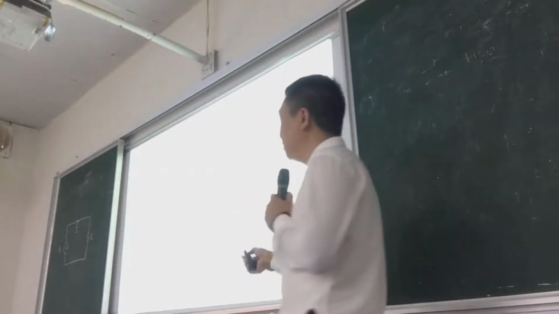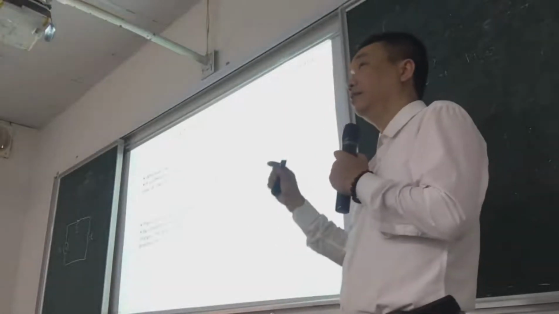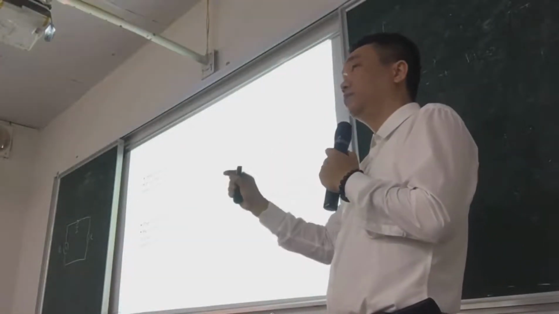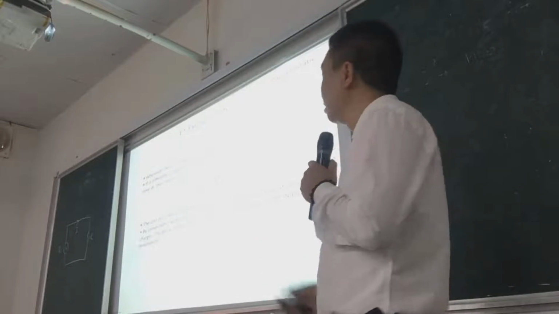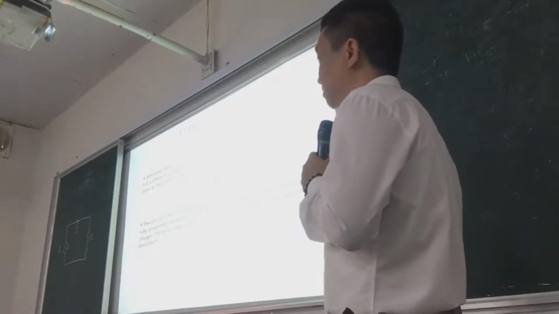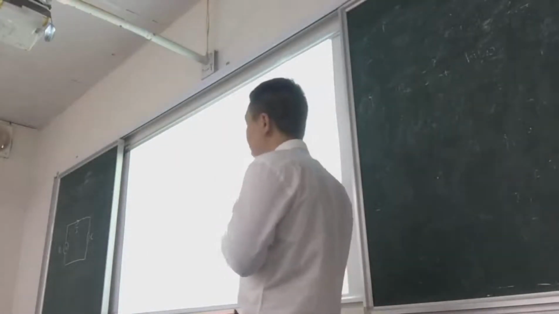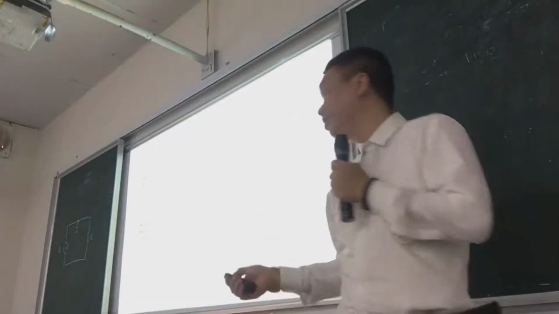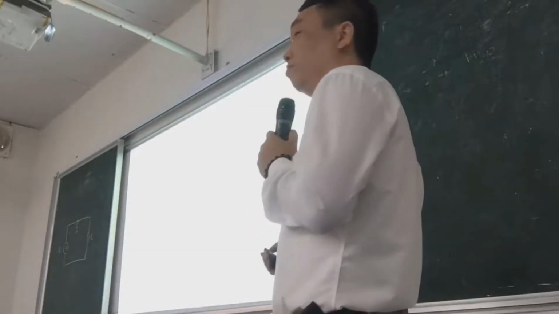So the definition of current is the amount of charge over unit of time. So you have 1 ampere equals 1 coulomb per second.